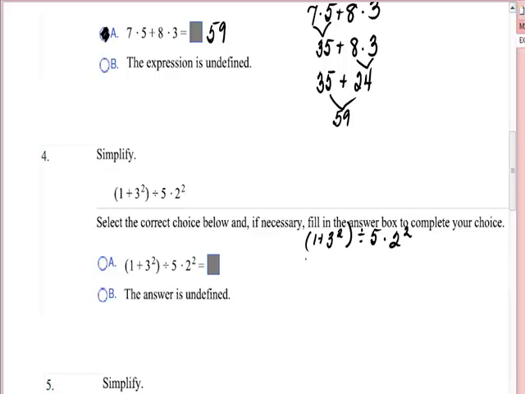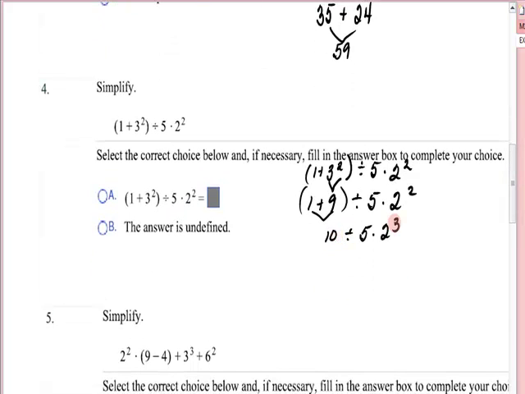Well, within those parentheses, I have more than one thing, so I'm just going to focus on these parentheses for a minute. Within here, I have exponents and addition. Exponents are the higher priority. 3 to the second power is 9. So that's all I've done right now, one step at a time. Now, finish what's in parentheses. 1 plus 9 is 10. And I don't need the parentheses anymore.